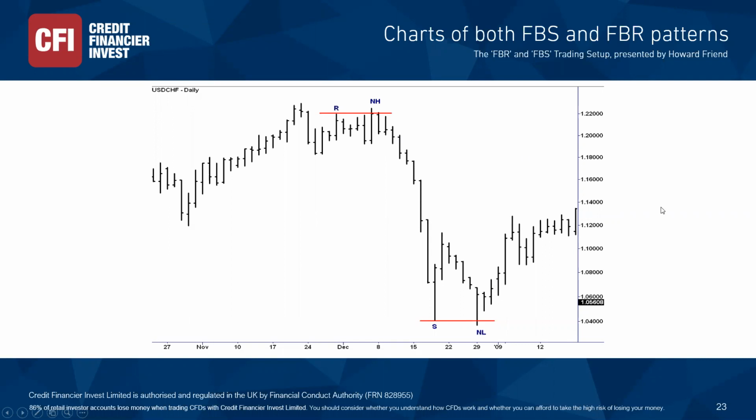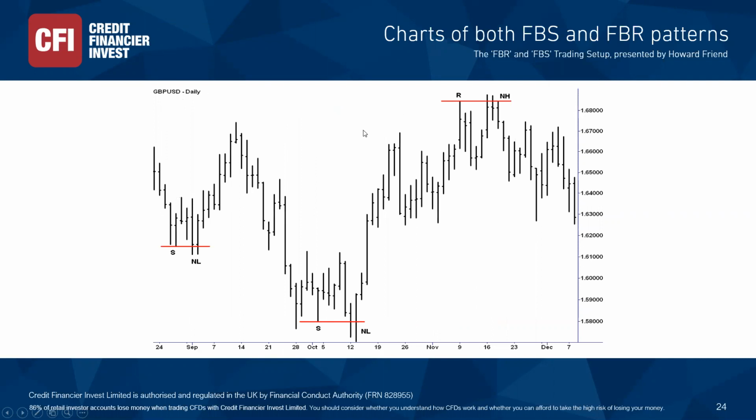Moving on to cable, market breaks down, finds support, breaks the support, but next bar breaks higher, opportunity to buy the market, up it goes. This market tops out and then starts to trend down. Market goes into a range, breaks through the bottom of the range, the support level, but fails to significantly follow through.